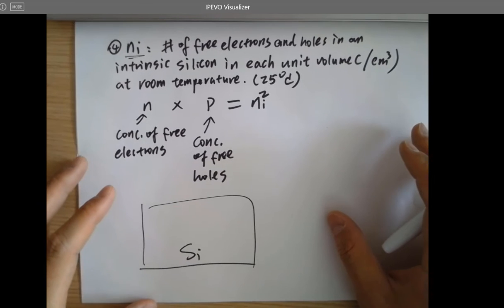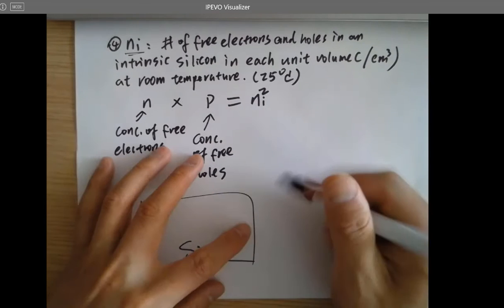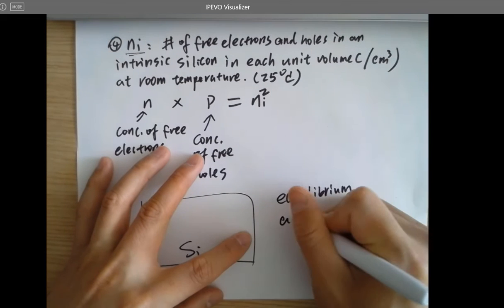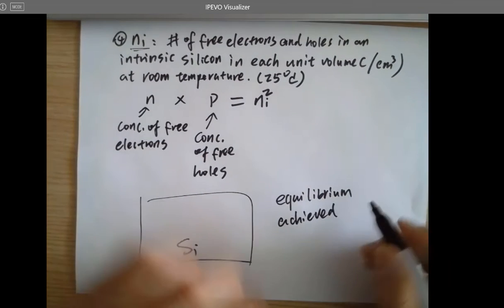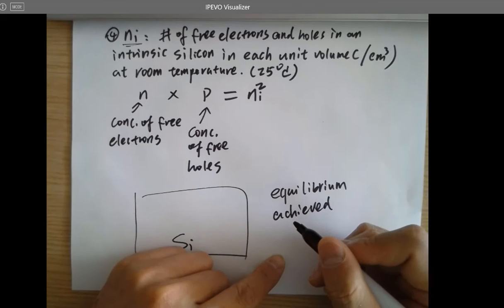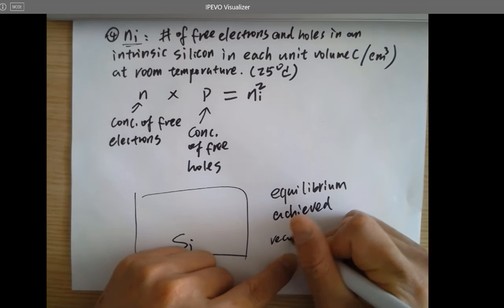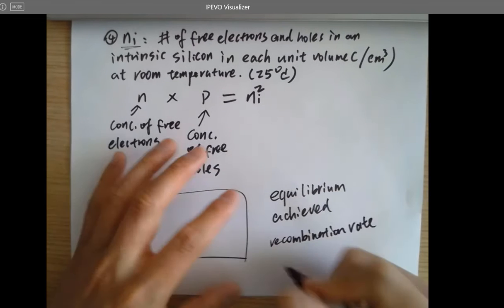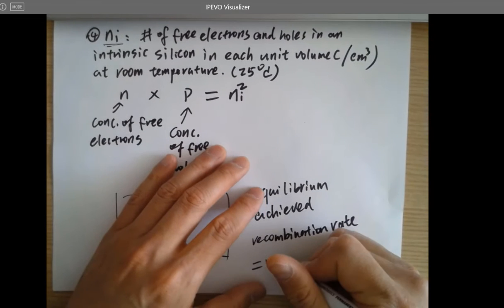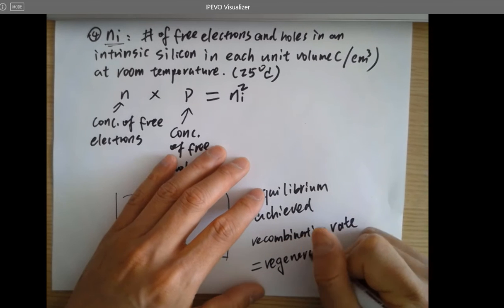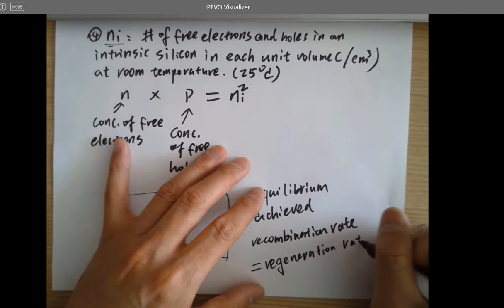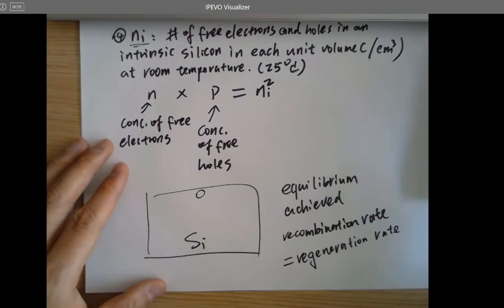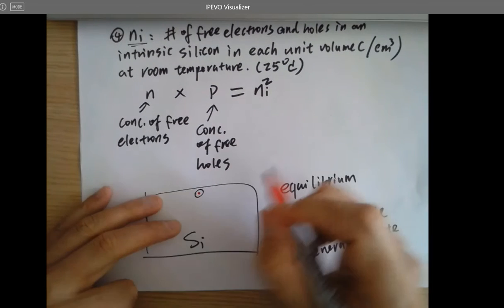whenever the equilibrium is achieved, the recombination rate equals the regeneration rate, and there will be some free electrons and holes, because normally you should have a hole with an electron in there.